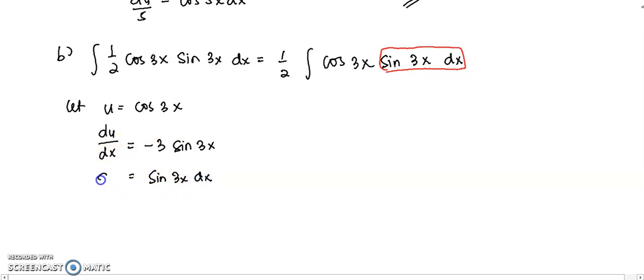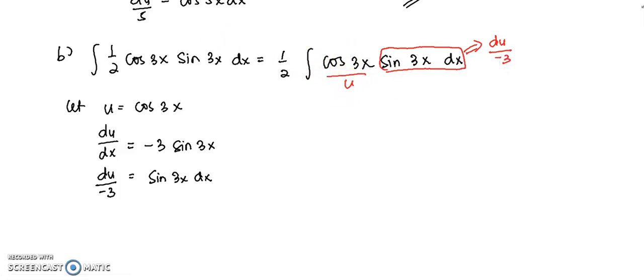From this equation, sine 3x dx can be replaced by du over negative 3. And of course, cos 3x is our u. So now everything can be written in terms of u. Cos 3x will be u, and this one will be du over negative 3.